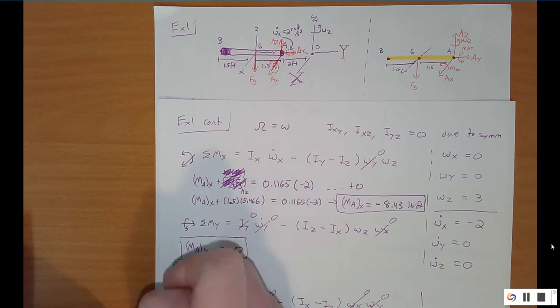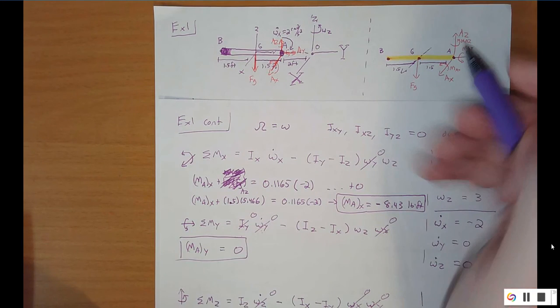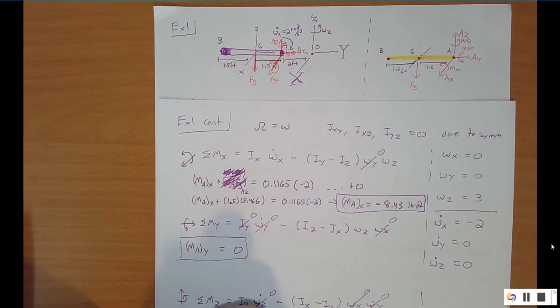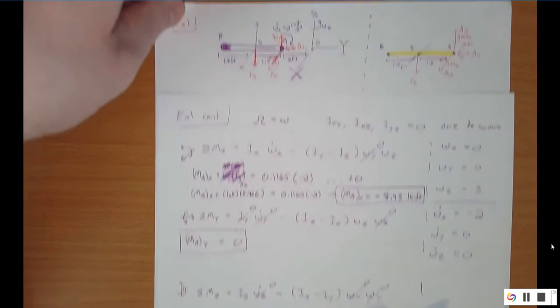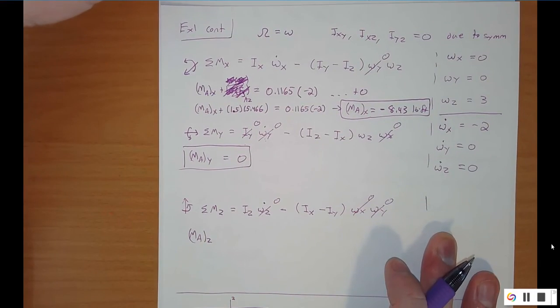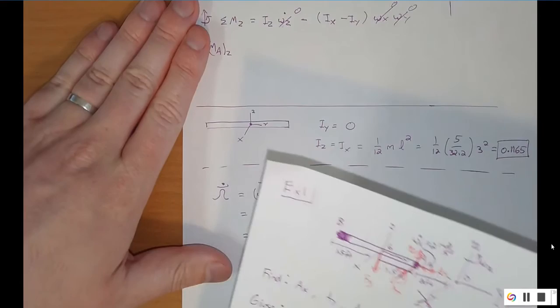And then for the z, so z points up, so anything this direction. So in the z-axis, we're going to get MAZ. Oops, let me scroll this up a little bit, and then I'll bring this back down here so you can see it.